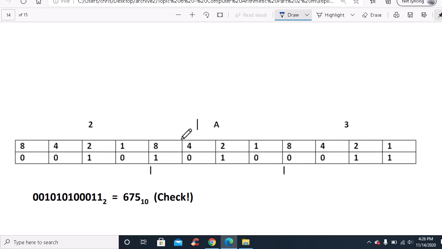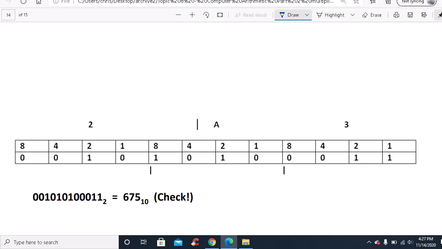The next 4 bits, 0, 1, 0, 1, is equivalent to A. Remember that A in decimal is 10, and these 4 bits actually give you 8 plus 2. And the final 4 bits give, in binary, 3. So 3 in binary is 0, 0, 1, 1.